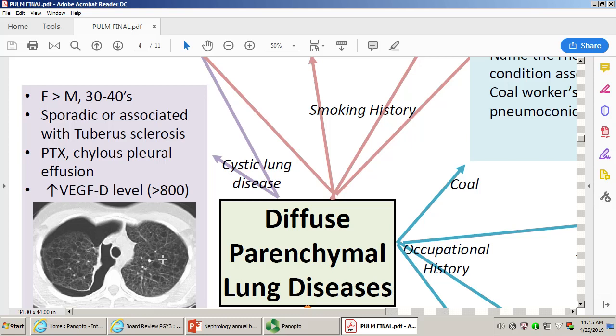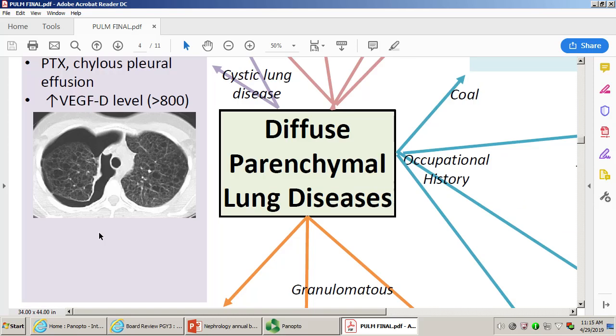So those are all of the different cell types that should not be in the lung, that are in the lung: lymph, blood vessel, smooth muscle are all in the wrong spot. So these patients can present with spontaneous pneumos, chylous pleural effusions, and you'll see a lot of honeycombing and cystic changes in their lungs.